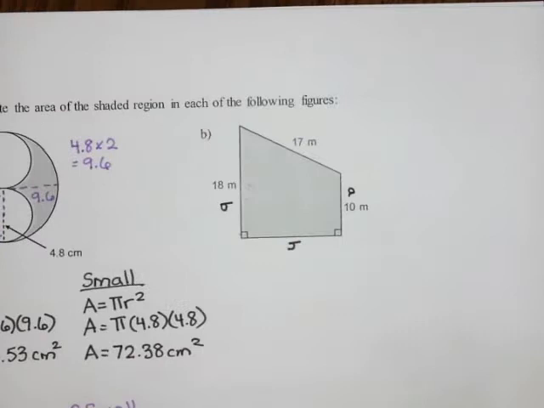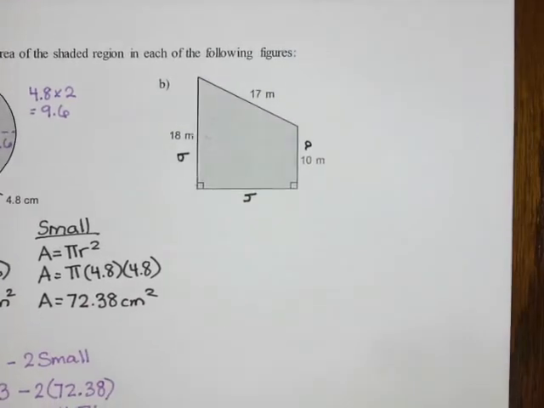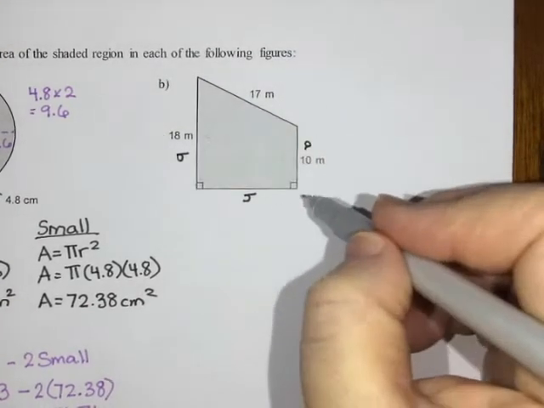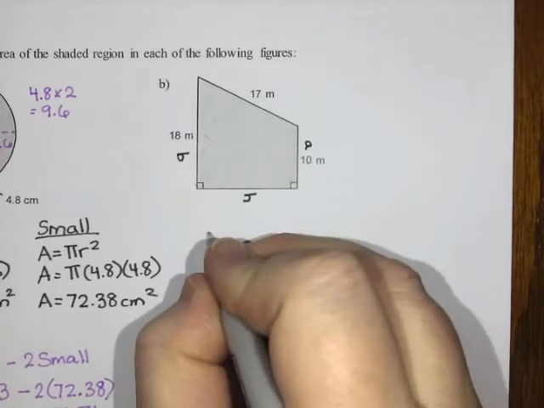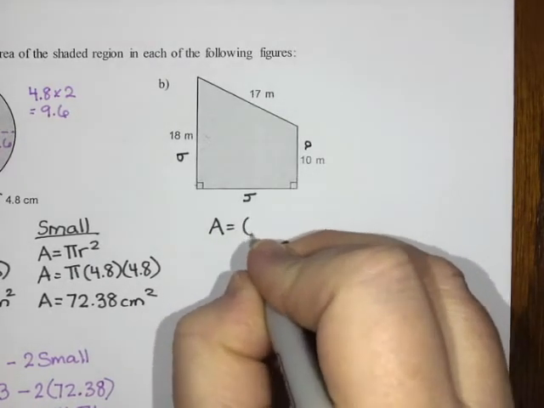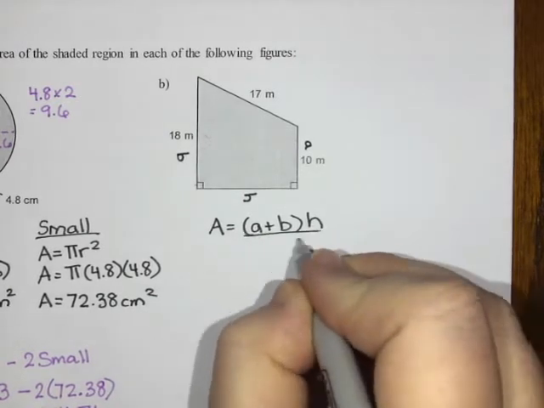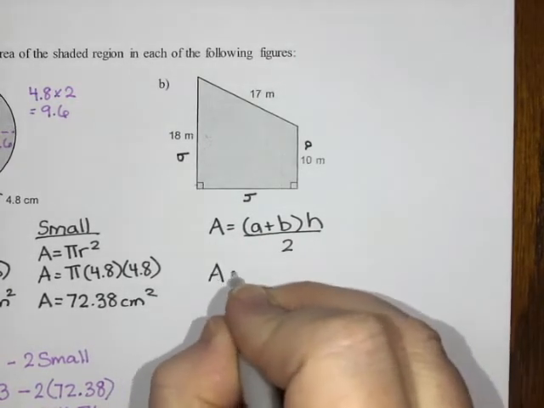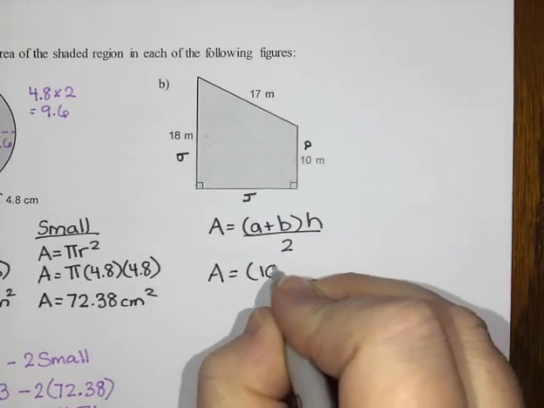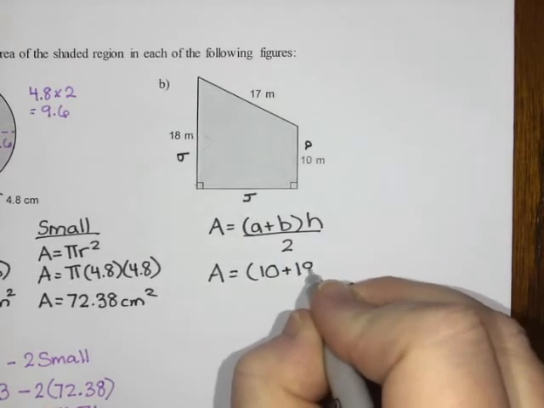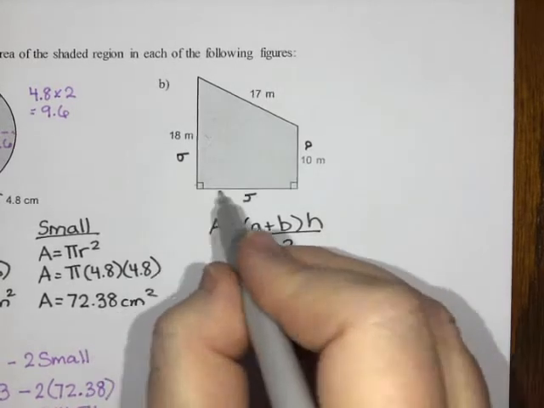So I realize I've lettered them sideways, but we're going to make that work. So when I go to do this, I know that area is a plus b times h divided by 2. My side A is 10 and B is 18, but I don't know what h is.